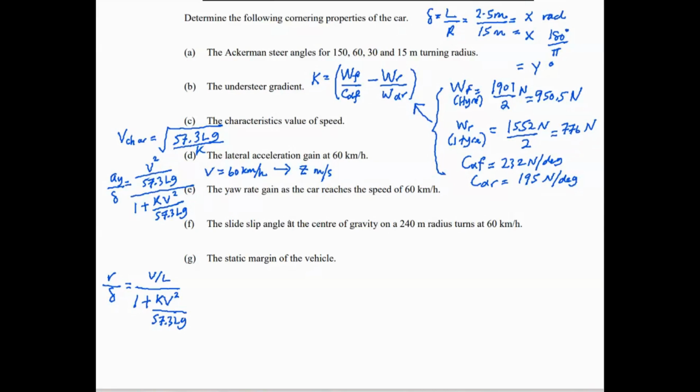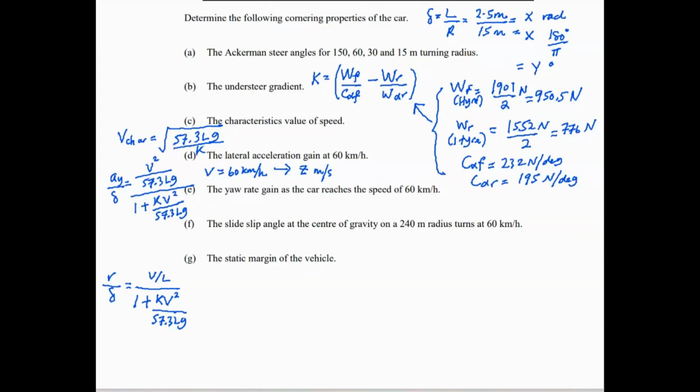And then regarding question number F, the number F is to determine the slip angle at the center of gravity on a 250 meter radius turn at 60 km per hour.